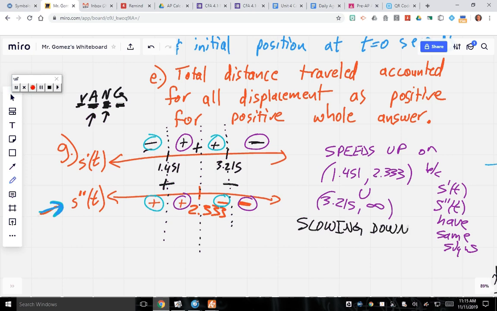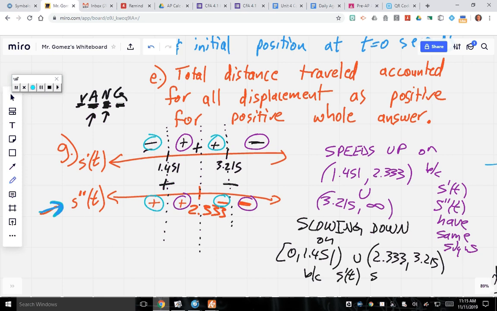Slowing down on 0 to 1.415, and this is going to be parentheses and bracket on 0, union, what? 2.333 all the way to 3.215. And the reason, because S prime of t and S double prime have opposite signs.